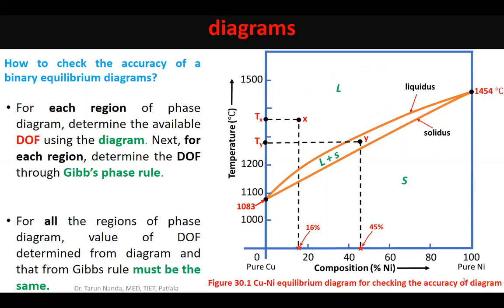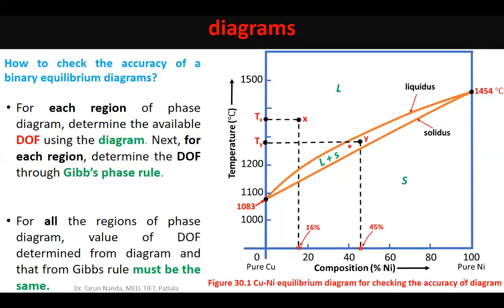C plus 1 because for binary alloys pressure is fixed at 1 atmosphere, and we use the condensed Gibbs phase rule. And now from that condensed Gibbs phase rule, we get the answer to the degrees of freedom. There must be parity in the answer of the degrees of freedom which comes for this region from the diagram, and then from the Gibbs phase rule applied to this region.